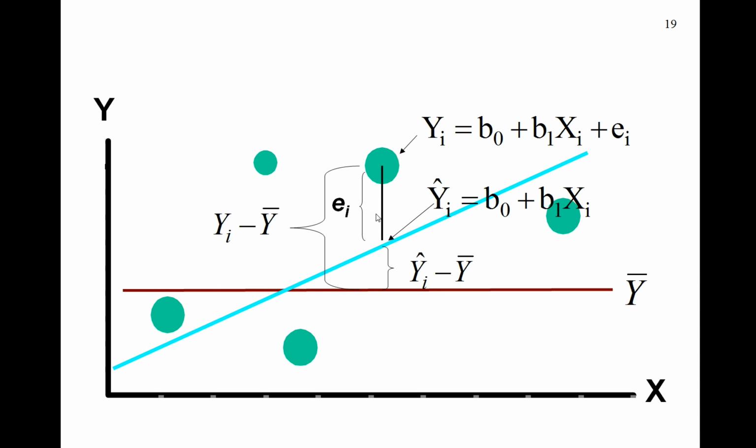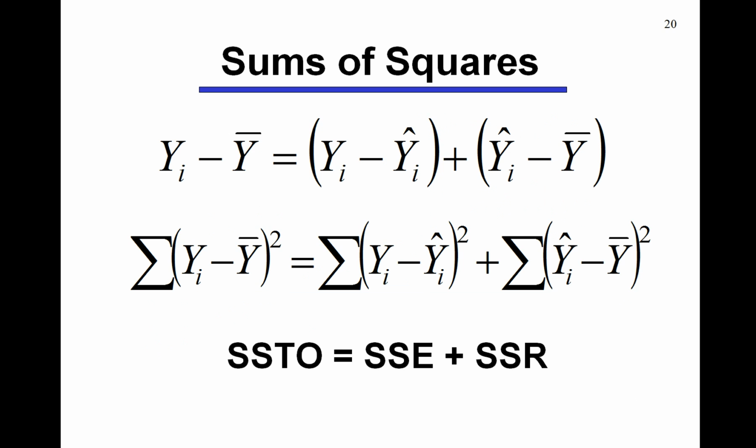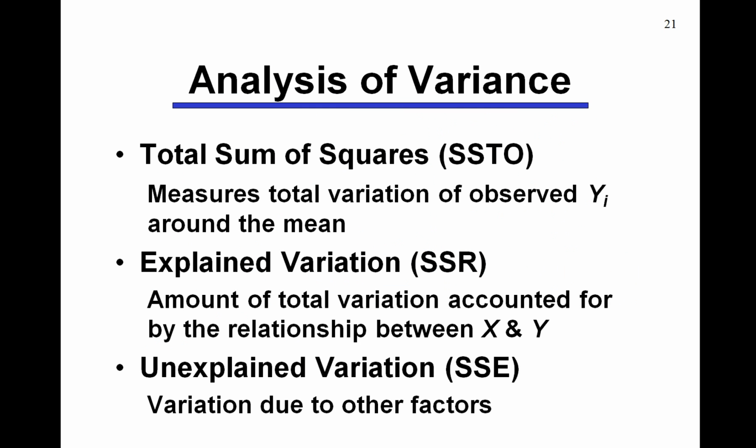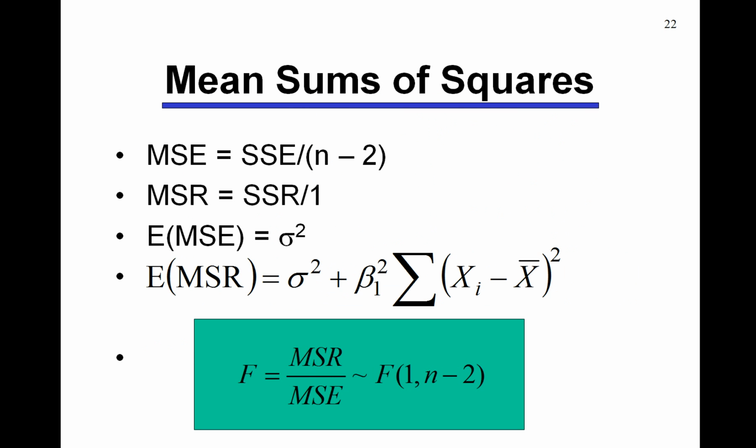We call it the sums of squares error. That is, even if we were to use the point estimate associated with our linear regression line, our observation might not lie precisely on that line, and so we still have some variability that is unexplained, and that's the sum of squares error.